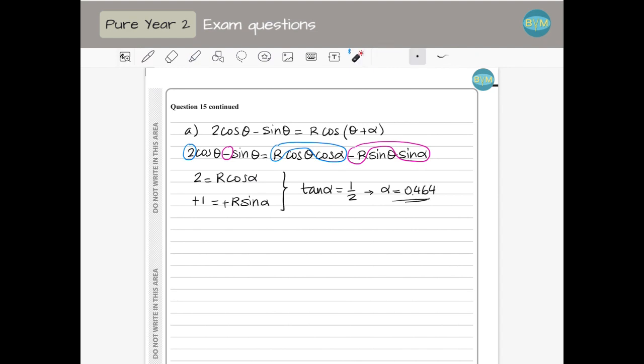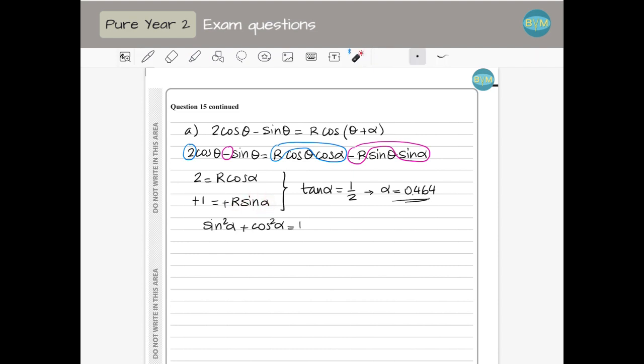Now they ask me the exact value of r. If I substitute alpha here and find sine, I'm going to get decimals for r. The way of avoiding that is thinking that sine squared alpha plus cos squared alpha equals 1, and this is a trick that you need to remember.